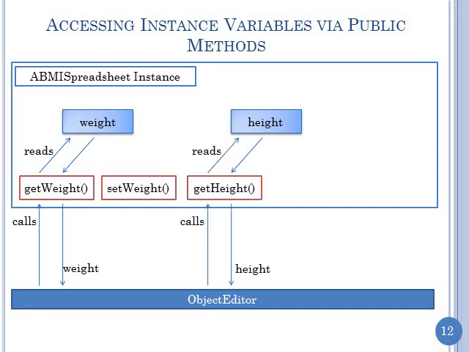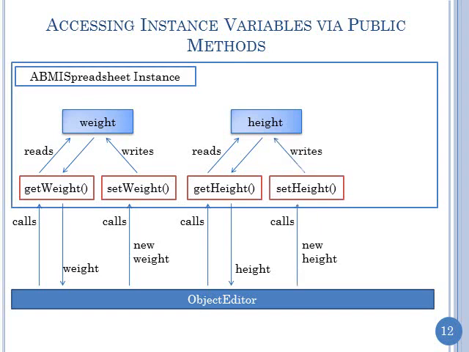Similarly for height. And we'll define a setter method. The value that you want to assign will be passed as an actual parameter to setWeight, which will write to a formal parameter, and hence we'll get our ability to change state. Okay? getBMI.